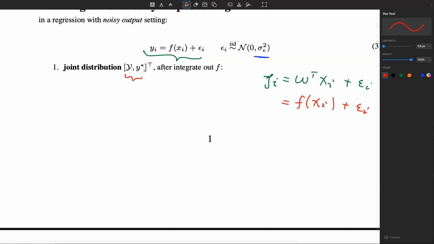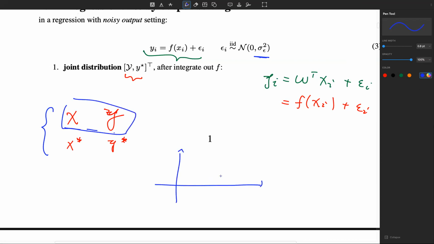In the regression setting, what are big X, big Y, X star and Y star? These are all the held-out points you have. Just imagine that you have something like this.